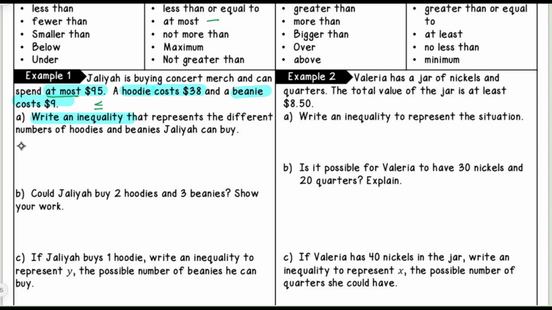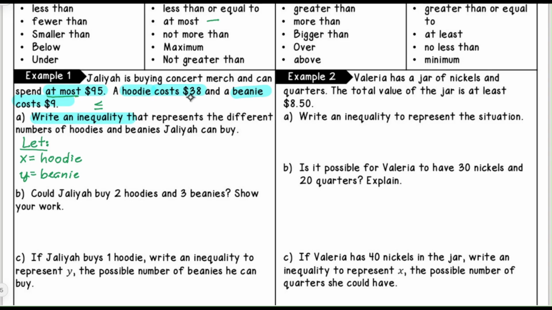So the first step we're going to do is we're going to define our variable. So I'm going to make a let statement. This is just where we are keeping everything super neat and organized in our head so we know what everything means. I am going to say that X is going to mean my hoodie. And I'm going to say that Y means my beanie.